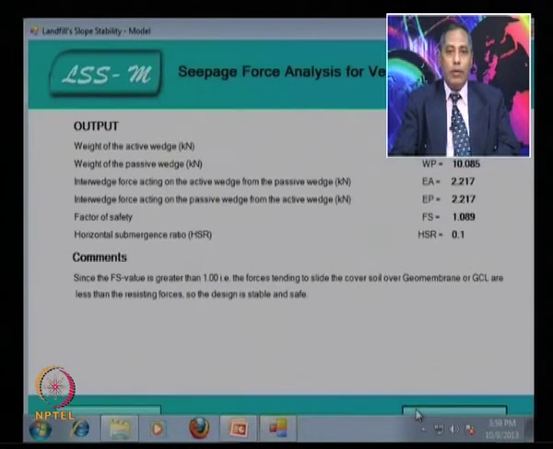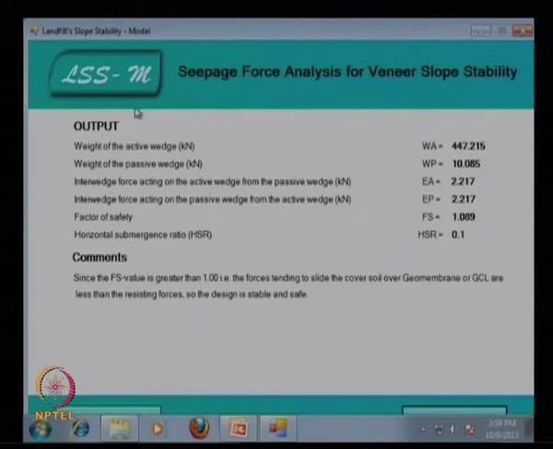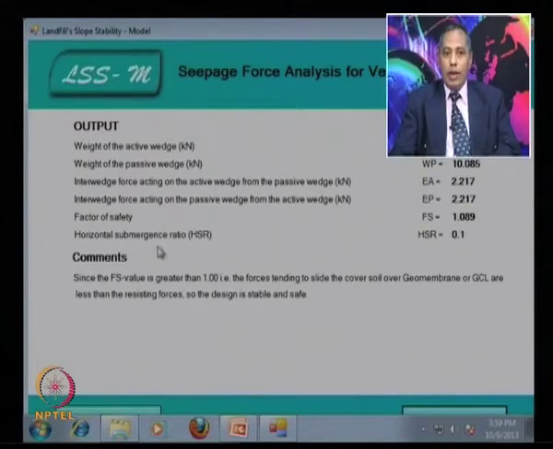So, if you now calculate, you can obtain the output for the seepage force analysis for beneath slope stability, and this is WA is 447.215, WP 10.085, EA is 2.217 kilonewton, EP is 2.217 kilonewton, and factor of safety value 1.089, and the horizontal submergence ratio HSR is equal to 0.1.